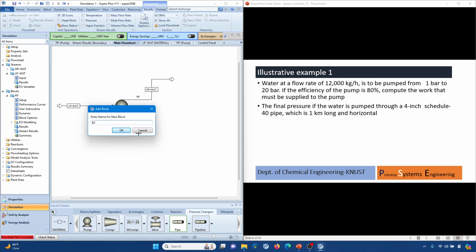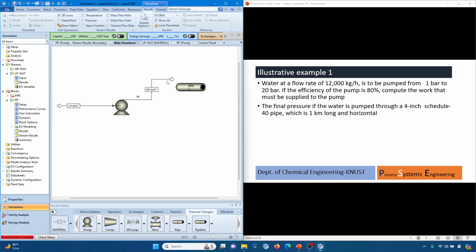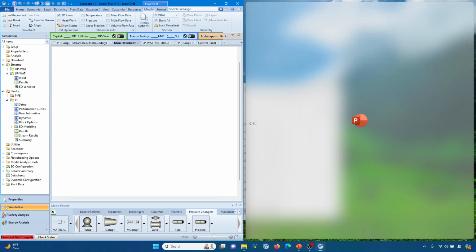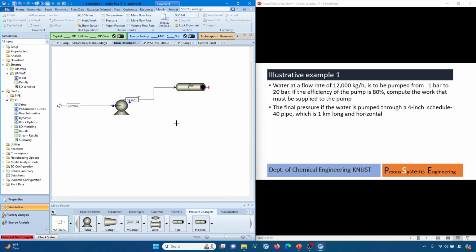If it's multiple pipes or a pipe network or a pipeline, you choose the pipeline. So you connect this outlet to our product.